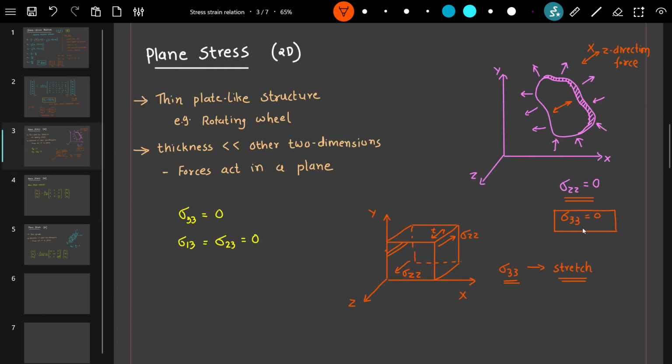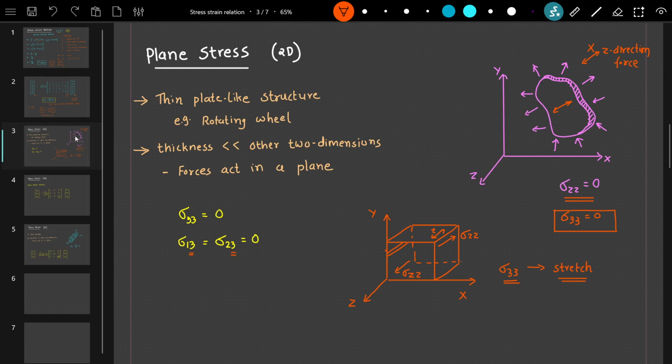And given sigma 33 equal to 0, we can also say in plane 3 the shear stresses are also 0, because plane 3 is very small, there is no room for shear components as well.